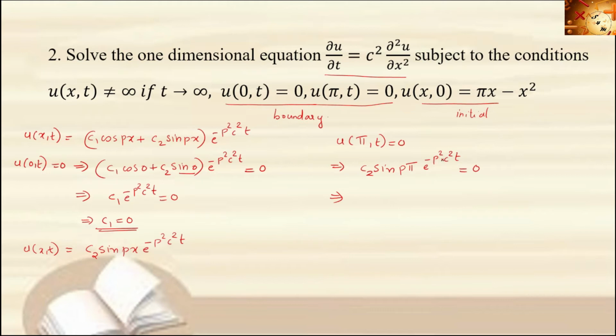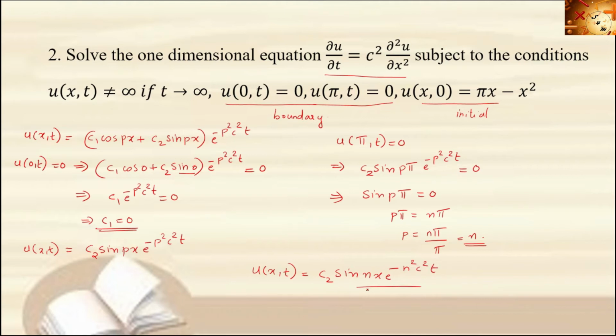Always e raised to minus p square c square t not equal to 0. So we have sin p pi is equal to 0. So p pi is equal to n pi. So p equal to n pi divided by pi, that is equal to n. So our new solution will be u of x comma t is equal to c2 sin, p is replaced by n, so sin nx e raised to minus n square c square t. So this is the new solution.